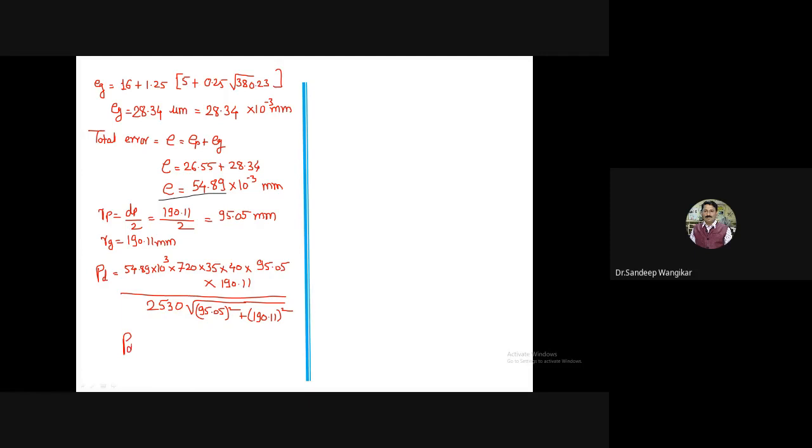So calculate the value for PD. You will get the value in Newton. This is the value for PD. Calculate the value for PD.